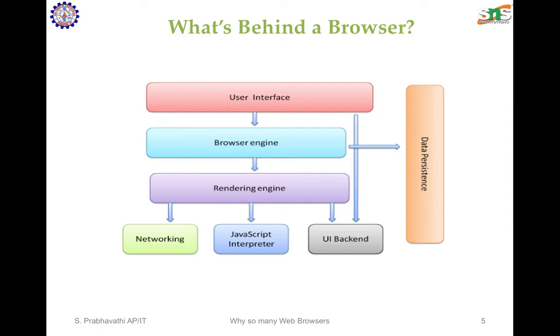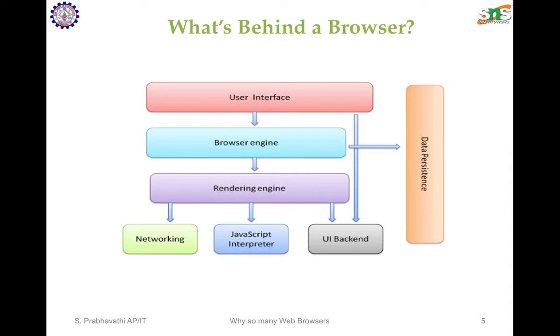It is responsible for displaying requested content. For example, if the requested content is HTML, the rendering engine parses HTML and CSS and displays the parsed content on the screen. The rendering engine of every browser is different, which means a web page will likely look different depending on the browser we are using. For example, Internet Explorer uses the rendering engine named Trident.